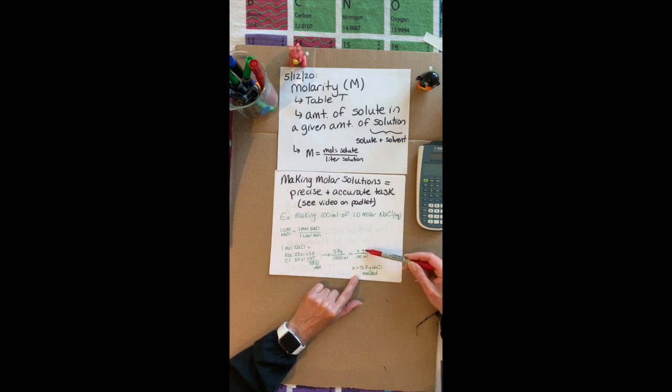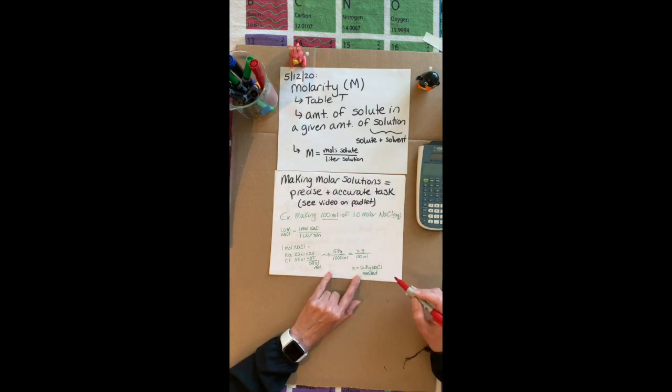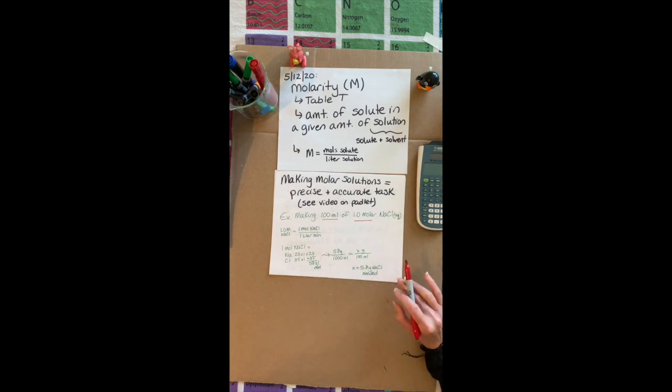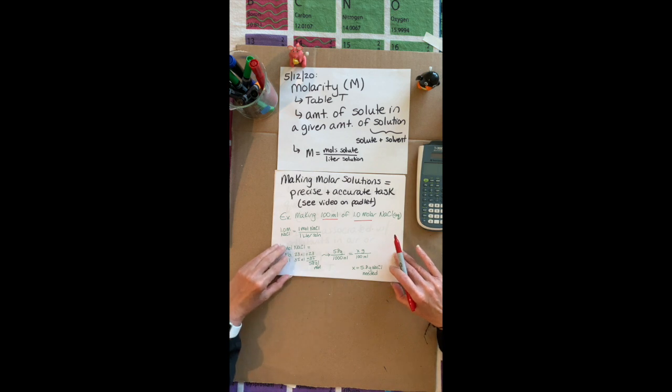So how many grams per 100 milliliters would we need? Cross multiply, divide. We only need 5.8 grams of sodium chloride to make 100 milliliters of a 1 molar solution. And it's a really good demonstration in this video coming up.